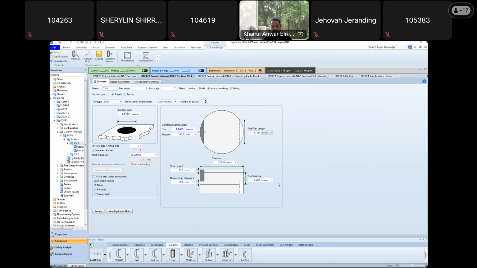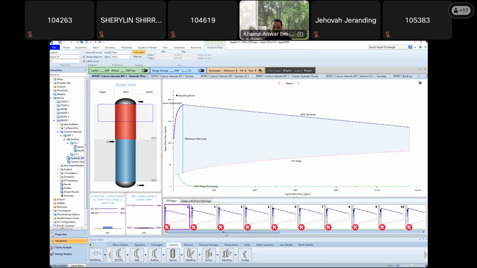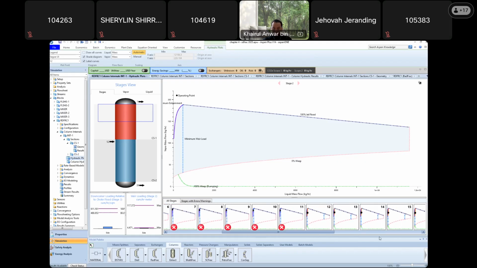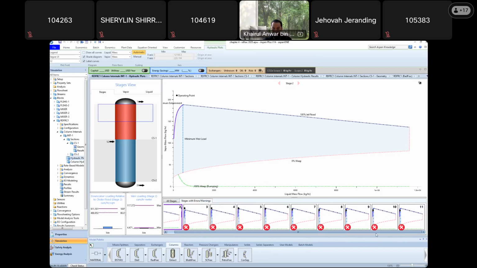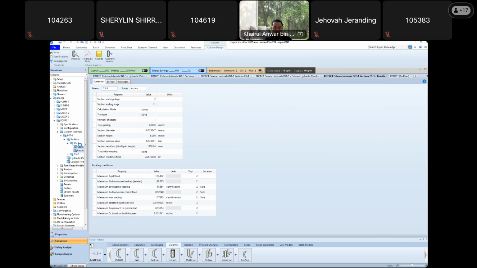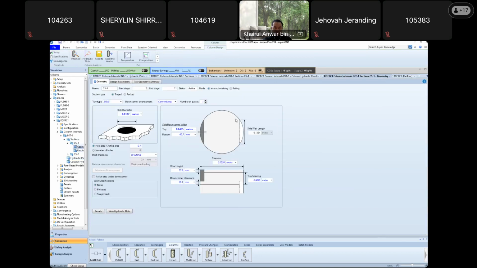2 to 11. That's the place. Oh, stuck. Stage with warning and cool level. Okay. It wants that value, 0.0405.